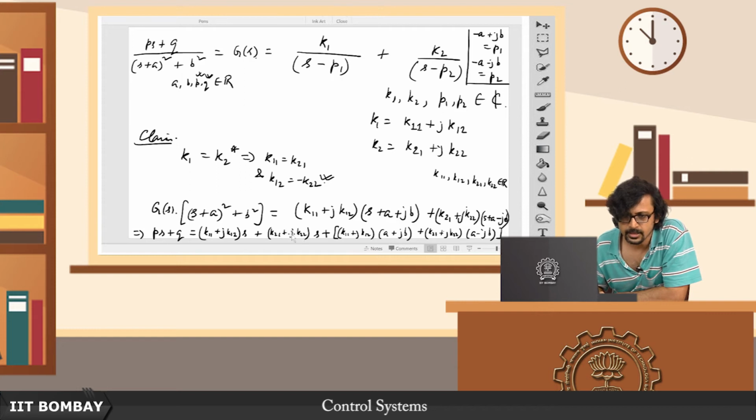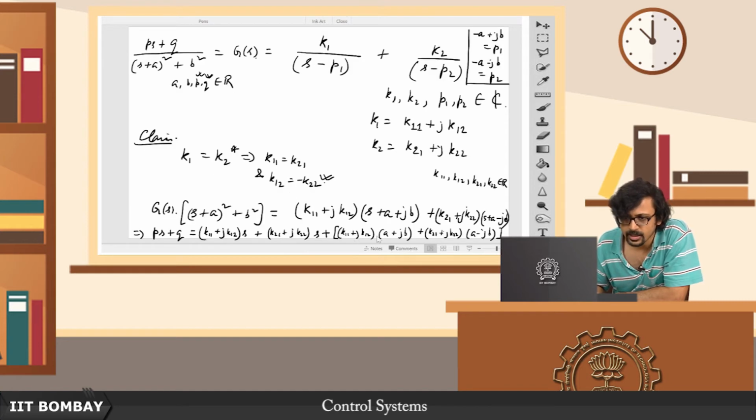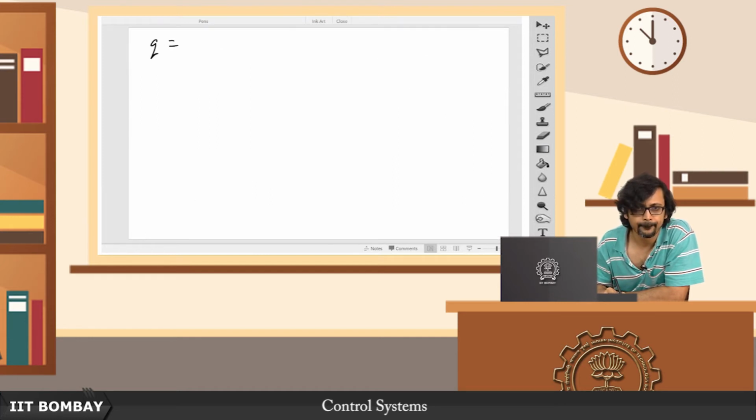Let me just expand it out instead of doing this in a hand waving fashion. So let us look at the constant term Q. On this side what we have is K11A plus K21A, which is of course purely real.